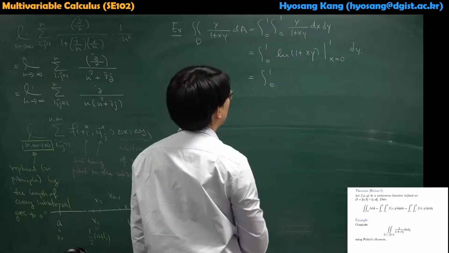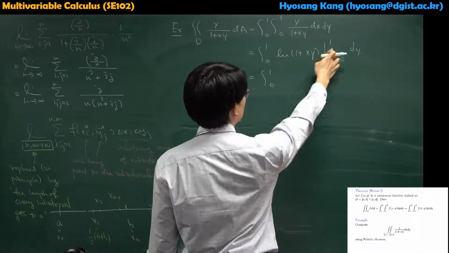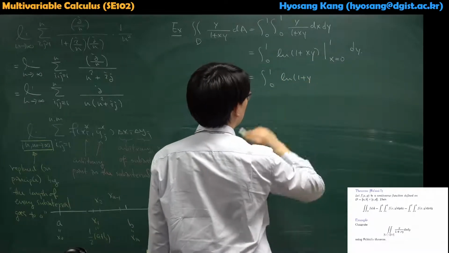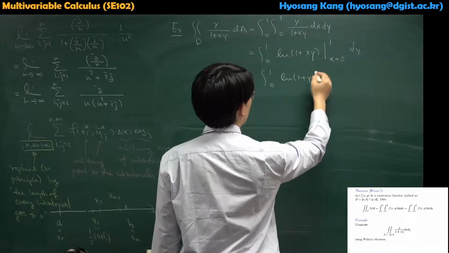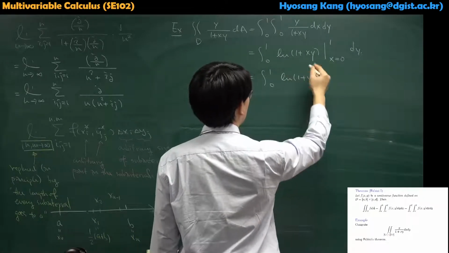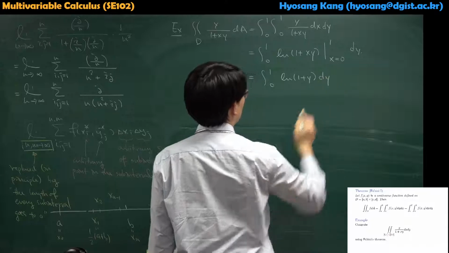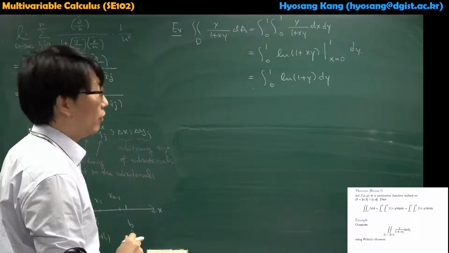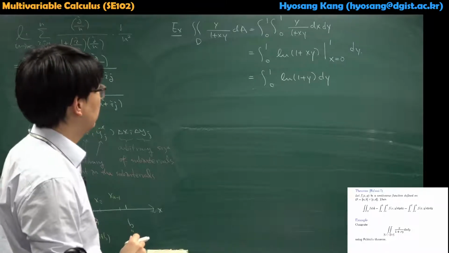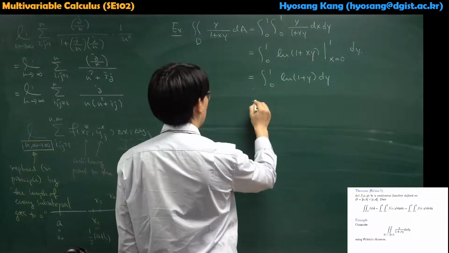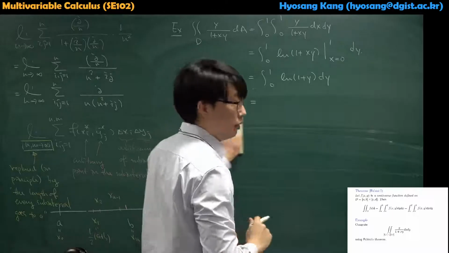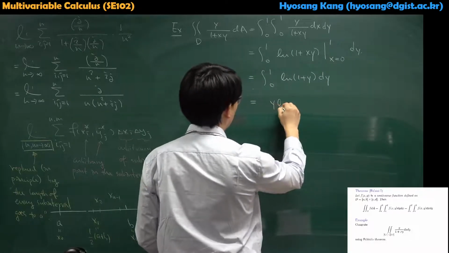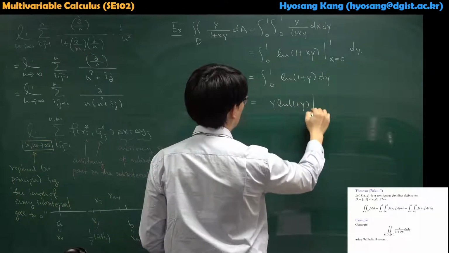So if I plug in 1 here, I get ln(1 plus y), and if I plug in 0, we have 0, so this is dy. Okay. So how do you take the integral of this one? Integration by parts.